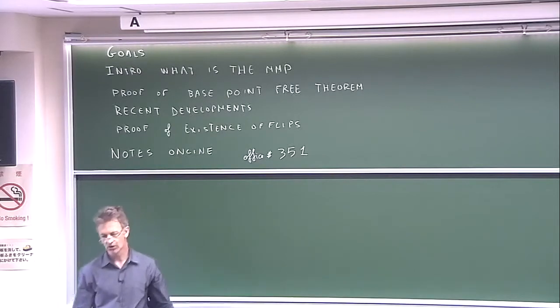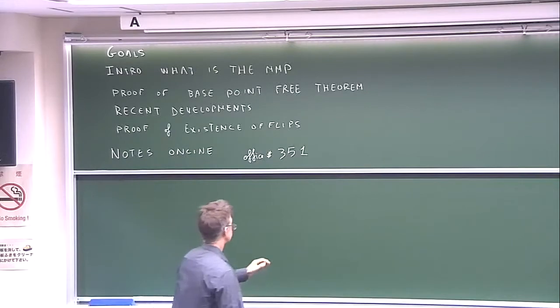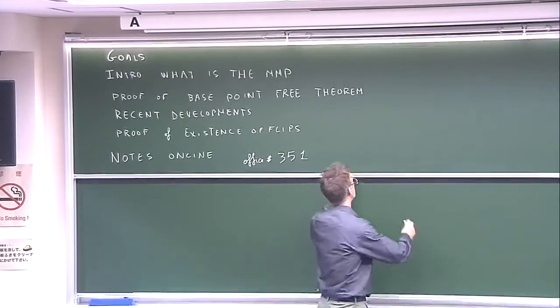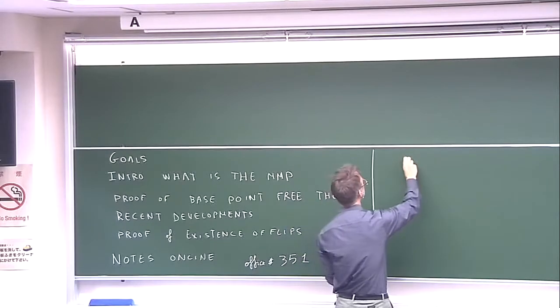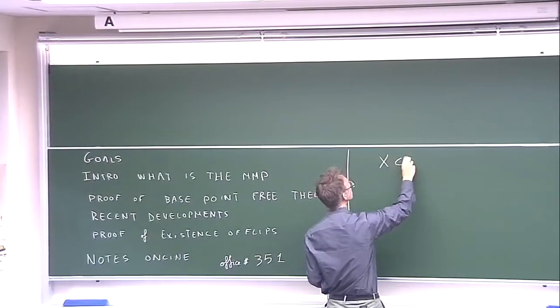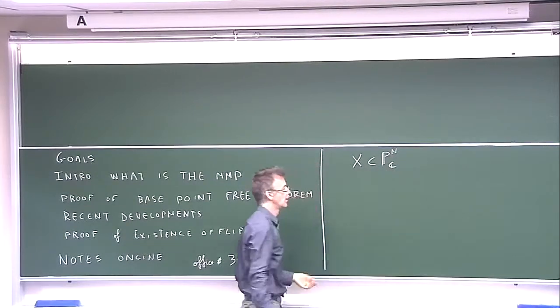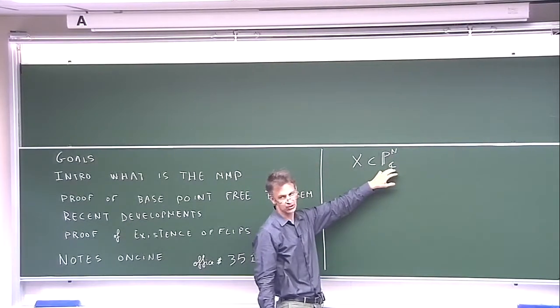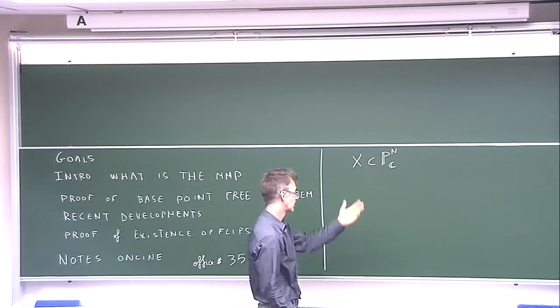Okay, so let's get started with a gentle introduction to what the minimal model program is. For the purposes of these lectures, I'm going to be considering complex projective varieties. I will forget to mention the complex numbers very soon, but let me at least mention it once. So these are always over the complex numbers.